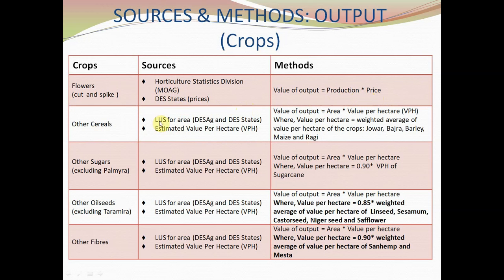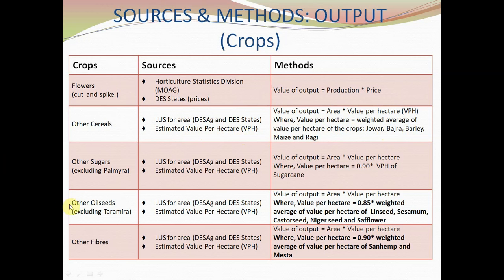In other cereals, land use statistics is used for area, and data is provided by DES, Ministry of Agriculture and DES states. Also for area, we are using estimated value per hectare, where value per hectare is the weighted average of value per hectare of crops which are jowar, bajra, barley, maize and ragi.